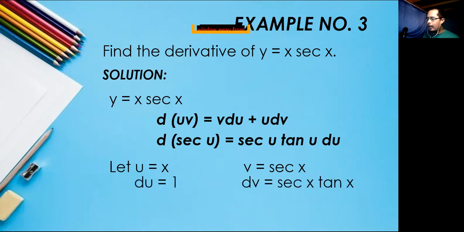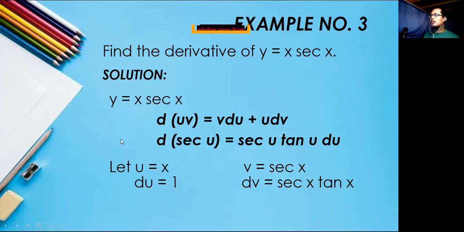We get the derivative of u, which is equal to 1, because the derivative of x is equal to 1, based on the basic formulas that we have discussed. Then the derivative of v, which is equal to secant of x tangent of x dx.